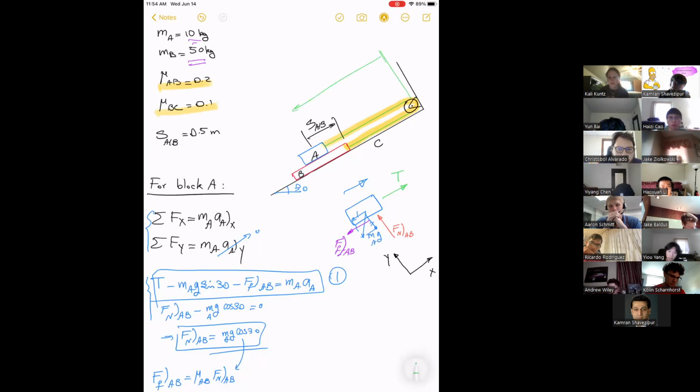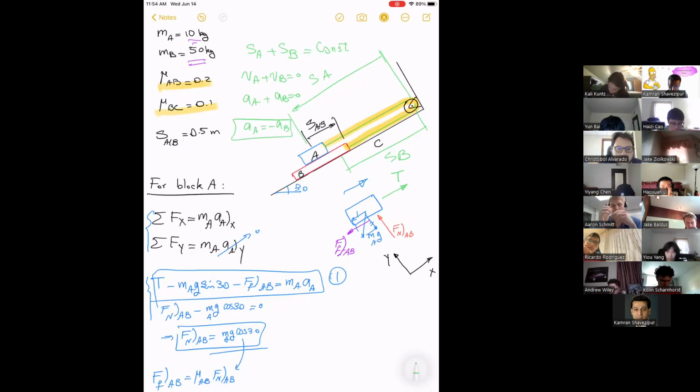If this is SA and this is SB, right? You can say SA plus SB equals constant, which means VA plus VB is 0 and AA plus AB is 0, which means AA is minus AB. As SA becomes smaller, SB becomes bigger, so they have opposite signs.